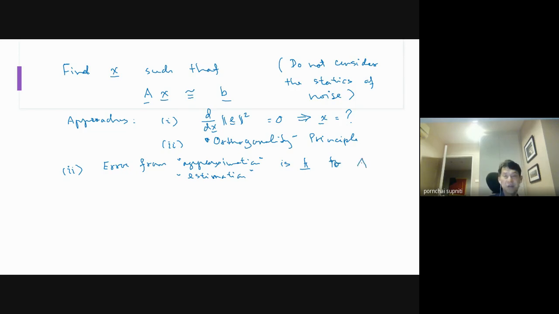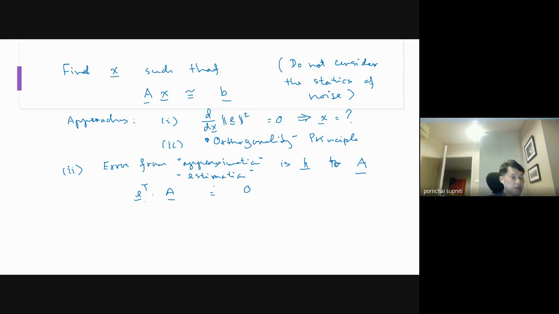In this case, it's the vectors A. So we can say that E transpose multiplied with A will be equal to 0.